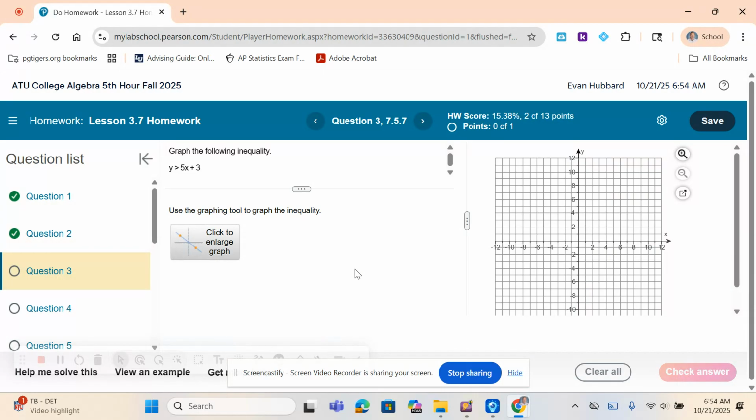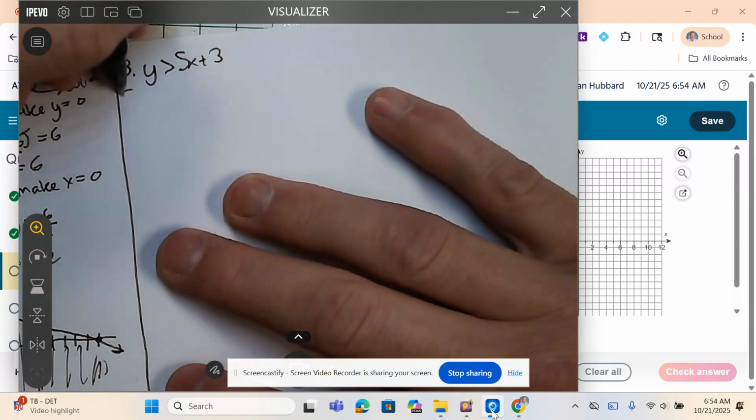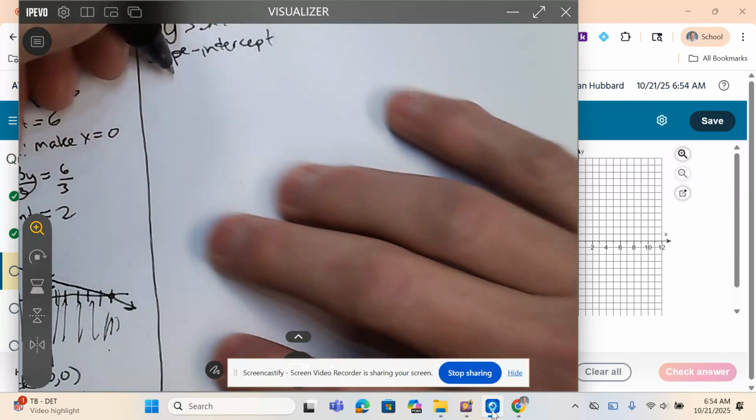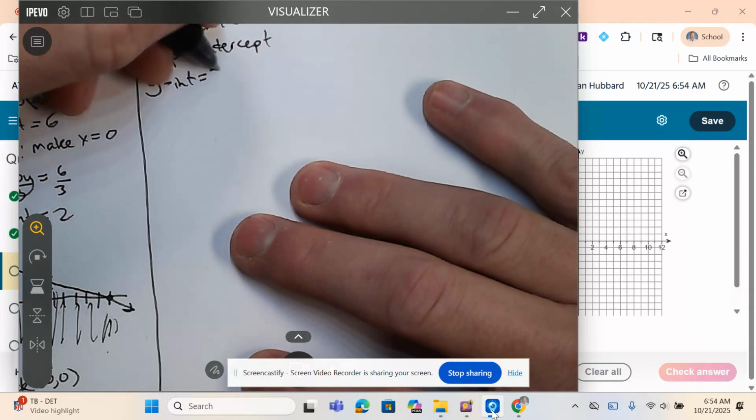All right, let's look at 3. So 3, I have y is greater than 5x plus 3. So I'm going to do slope-intercept because y is by itself. So the y-intercept is equal to 3.